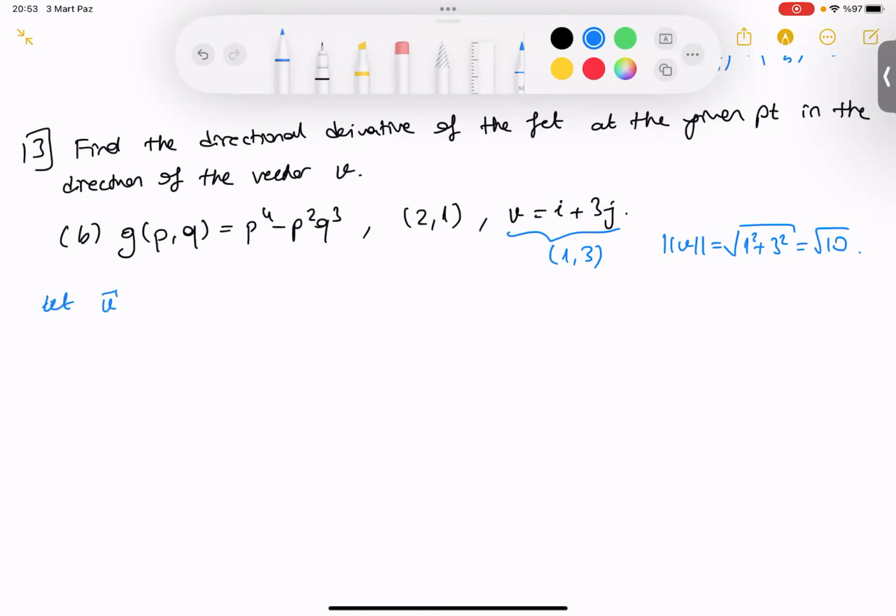So let u be in this form, v over the length of v. Okay, so we had before this vector, we divided by its length. Now component-wise, we have these values.